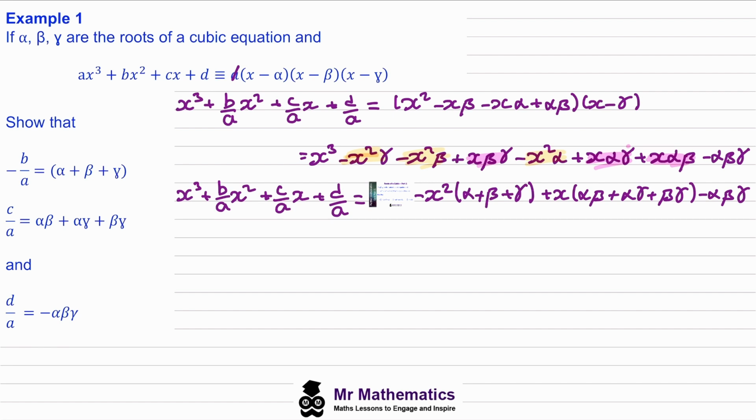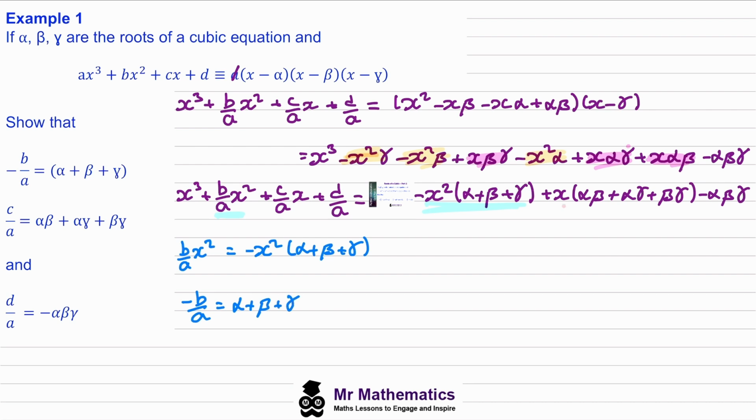So if we begin by equating the x squared terms, then b over a x squared from the left-hand side will be equal to negative x squared times alpha plus beta plus gamma. We can divide both sides by negative x squared, so we get negative b over a will equal alpha plus beta plus gamma.